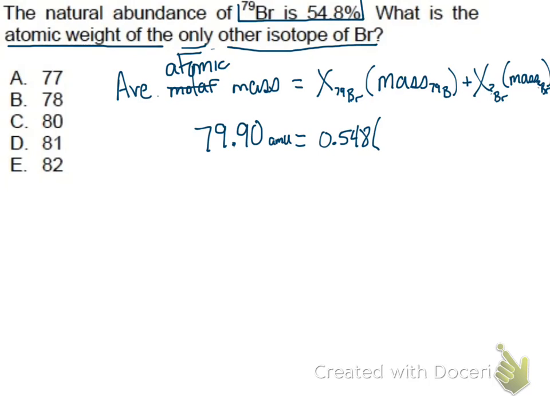By definition, bromine 79 has 79 nucleons, that is protons plus neutrons, which means that since each one of those has an atomic mass unit of 1, we're going to have 79 AMU, plus something we have to know about the fraction of bromine that we don't know, but that's basically 1 minus 0.548.